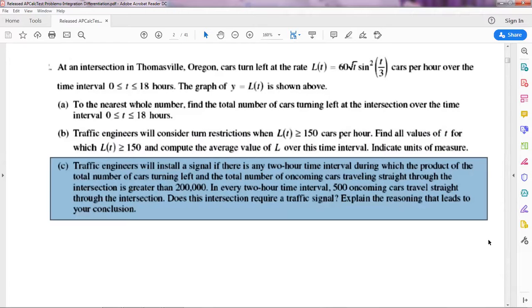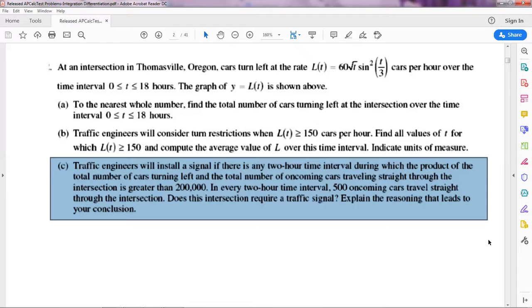In every 2-hour time interval, 500 oncoming cars travel straight through the intersection. Does this intersection require a traffic signal? Explain your reasoning that leads to this conclusion.